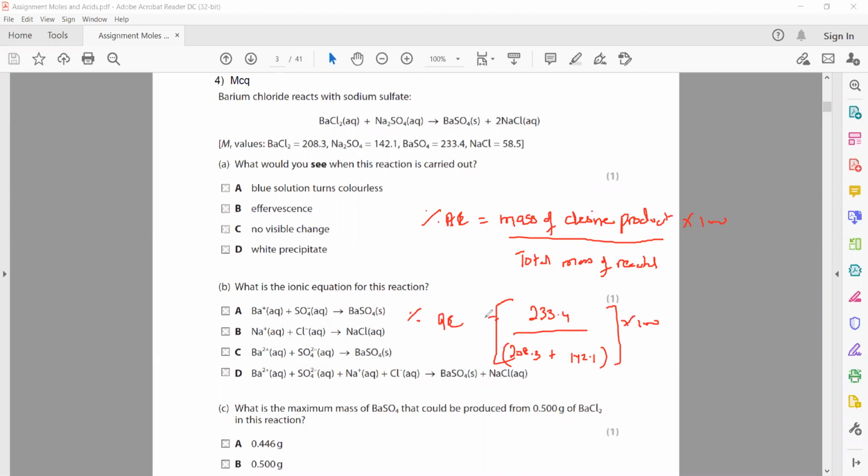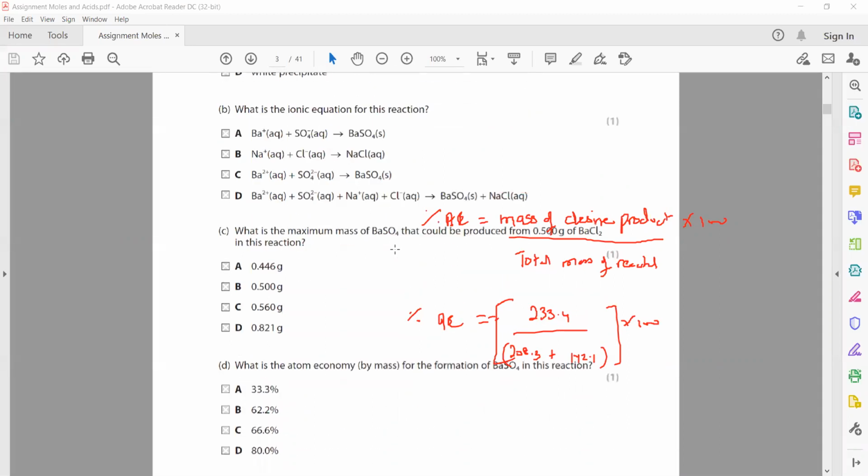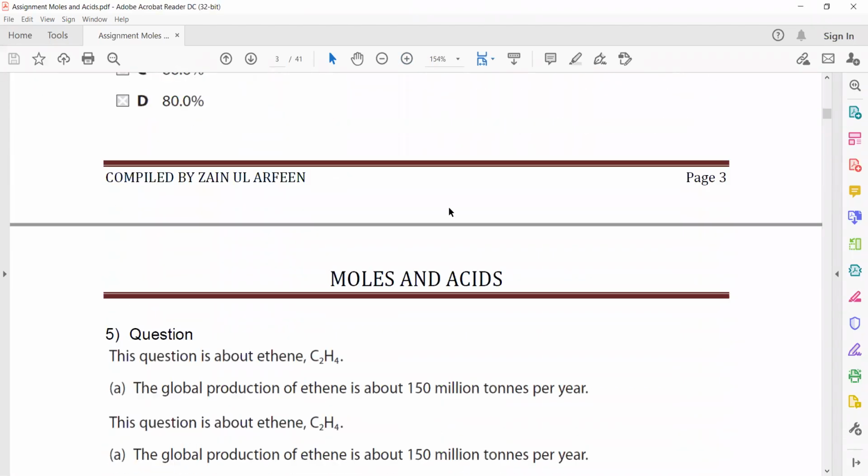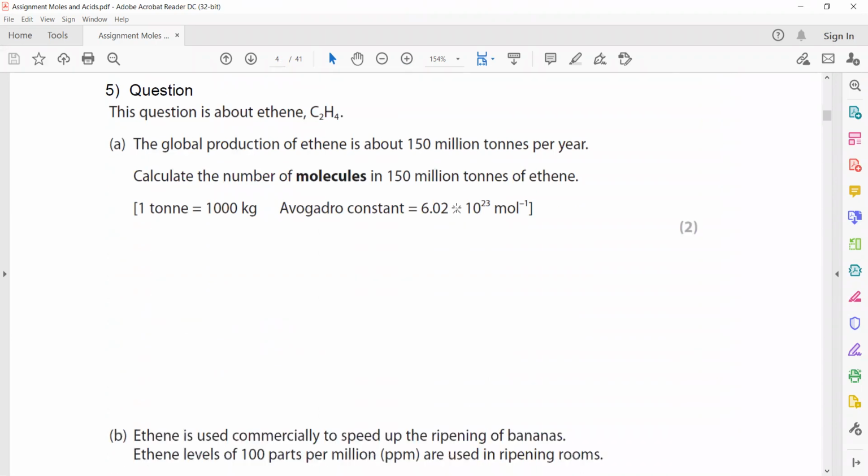So 233.4 divided by 208.3 plus 142.1, times 100. This will give us the percentage atom economy. That will come out as 66.6%. So C is the right answer for part D.